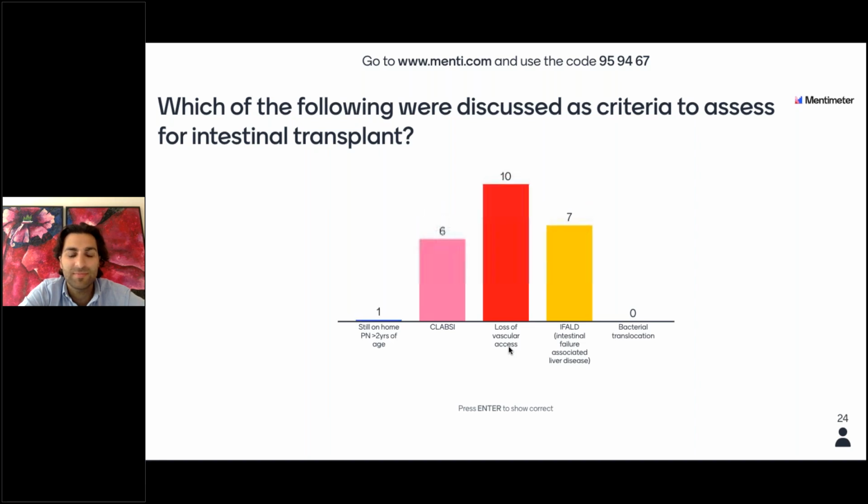The votes are still going up. So, the answer was loss of vascular access and intestinal failure associated liver disease. Those are criteria to assess for intestinal transplant.